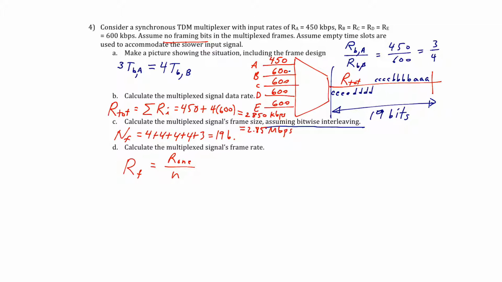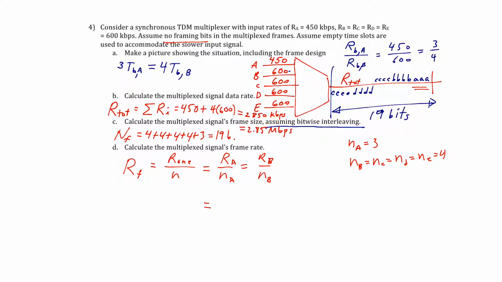But we have 2 different rates, so we better check that R1 over N1 is equal to R2 over N2, or let me call this RA over NA, RB over NB, where NA is now 3 bits, NB is equal to NC is equal to ND is equal to NE is 4 bits.